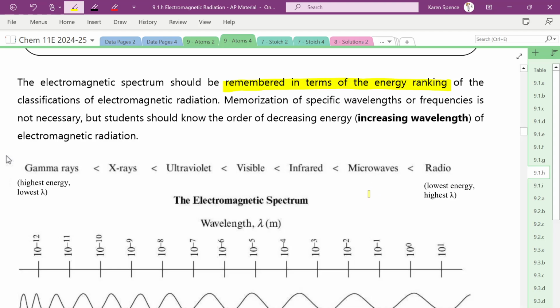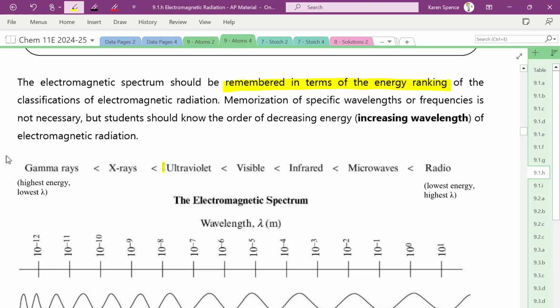They do sometimes ask about microwaves, but there's been one question that relates to microwaves being at a lower energy than the other ones in the last 15 years. So if you think it's important to know the entire spectrum in order from gamma to radio, you can spend your time memorizing that.